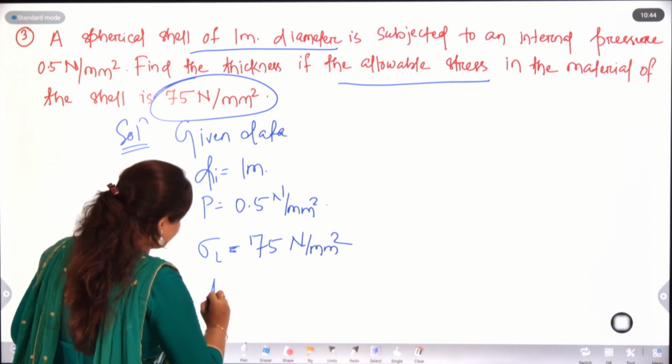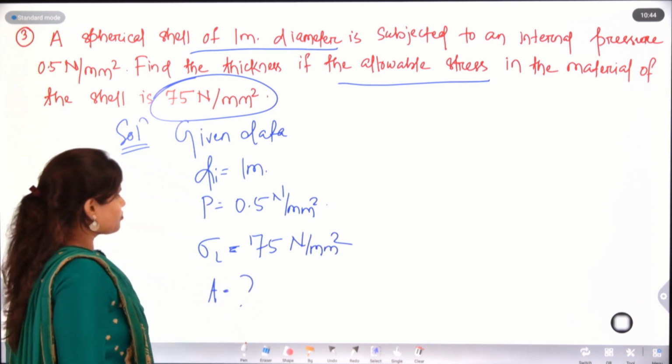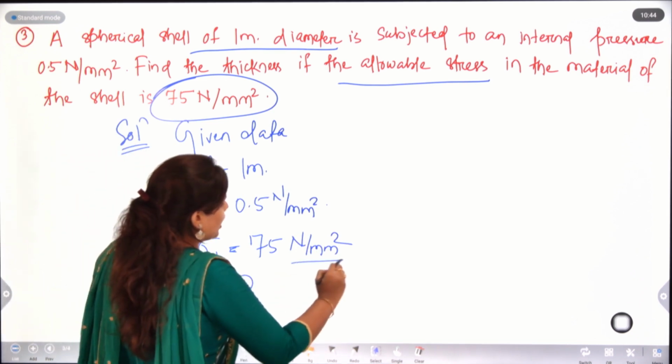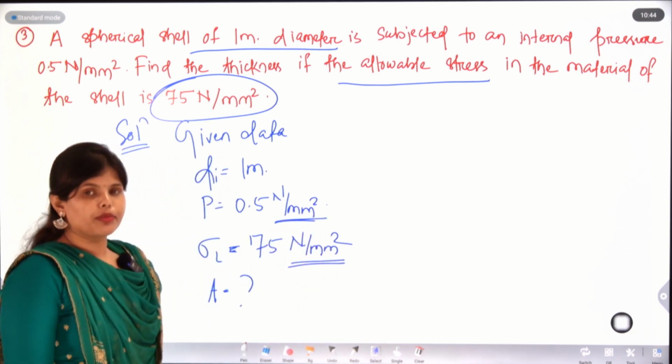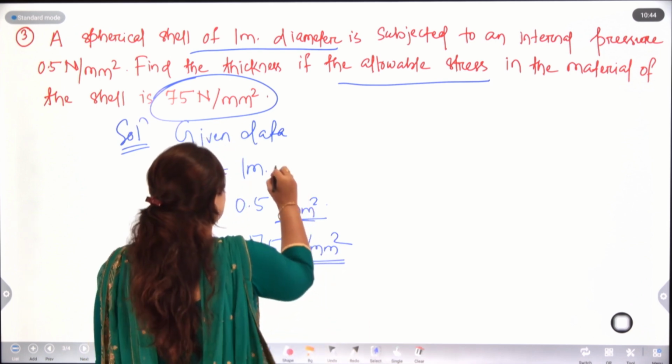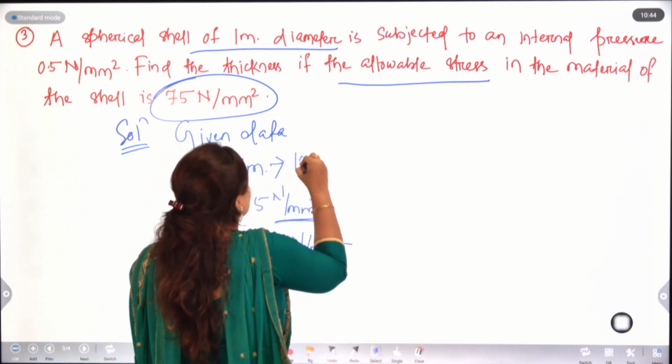We need to find out our thickness. Here we have the value in Newton per mm square and here also in Newton per mm square. So we need to convert this 1 meter to mm.